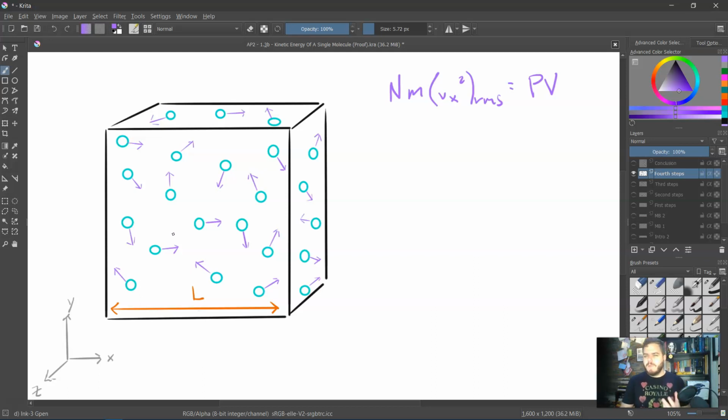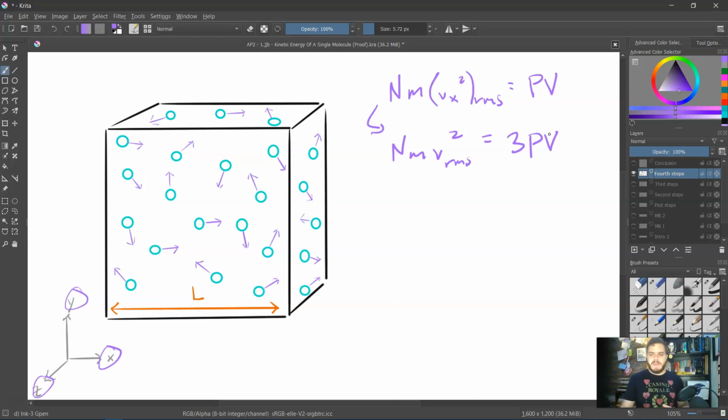But they can really move in 3 dimensions, x, y, and z, so we don't want just Vx squared, we have to include Vy squared and Vz squared. When I change this to incorporate all 3 dimensions, I just have Vrms squared, with no x anymore, and I have to similarly multiply my right-hand side by 3, because now we are moving in 3 dimensions.